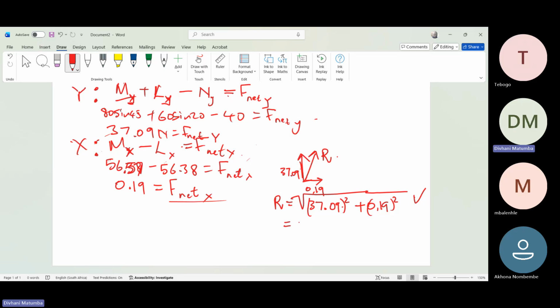Okay, 37.09. Okay, and then the angle? The angle or the direction? Yeah, let's solve still for the angle.